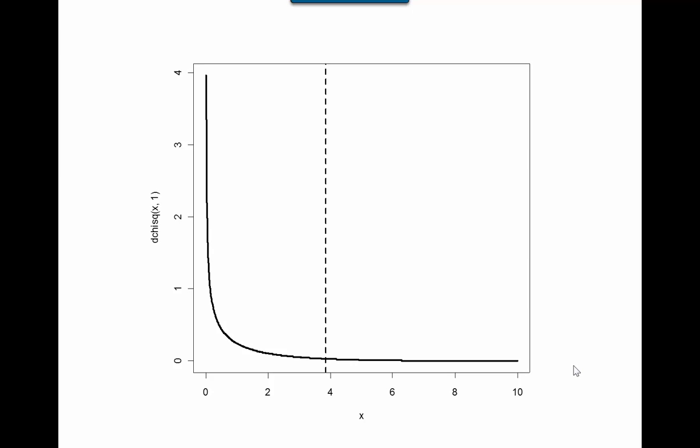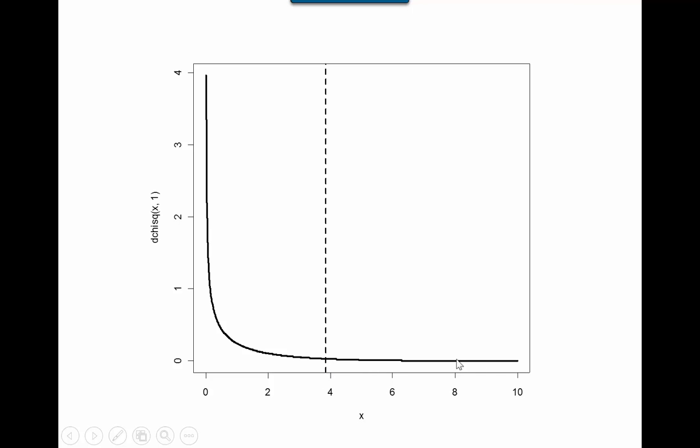Here's what that distribution looks like. On the bottom axis here, our chi-square distribution is bounded at 0 and then goes up to infinity. A chi-square distribution with 1 degree of freedom has a very high density close to 0, but then it starts to drop off very fast. And the critical value, as I say, is about 3.84.